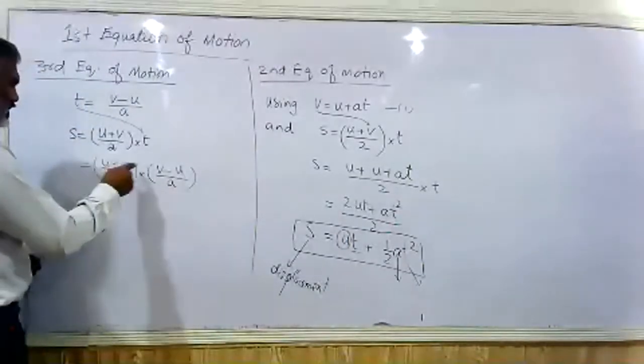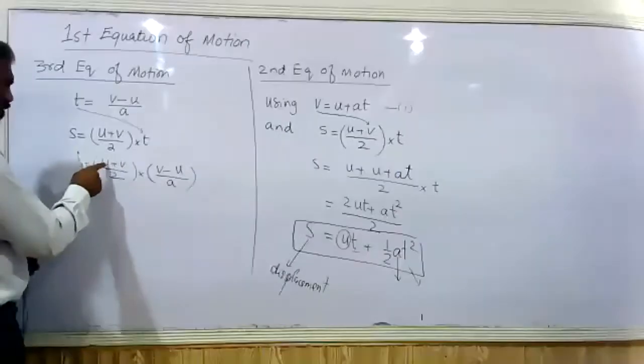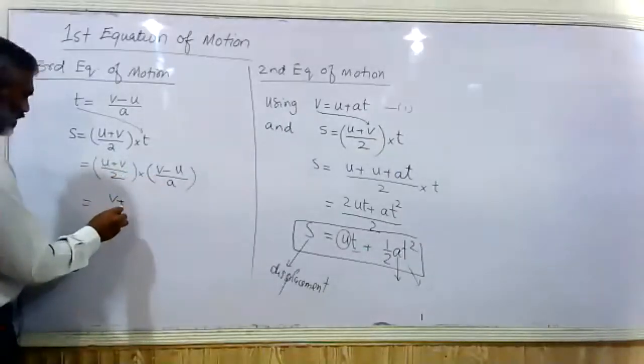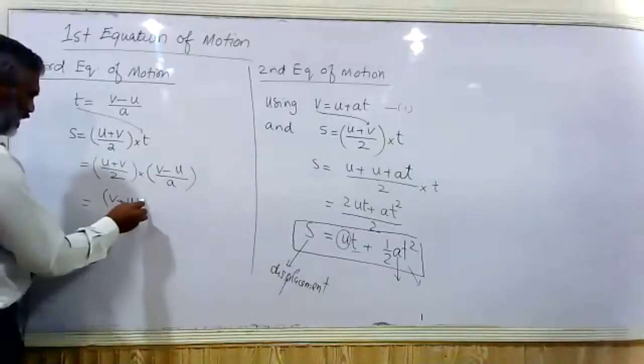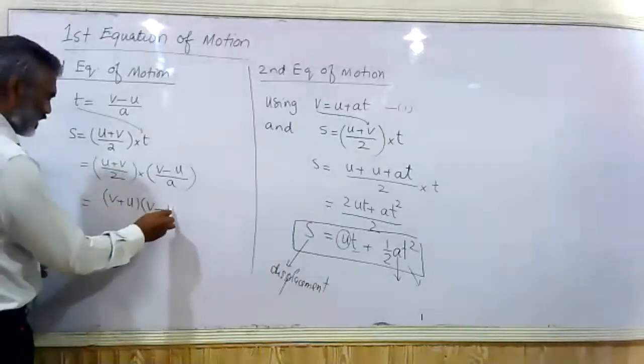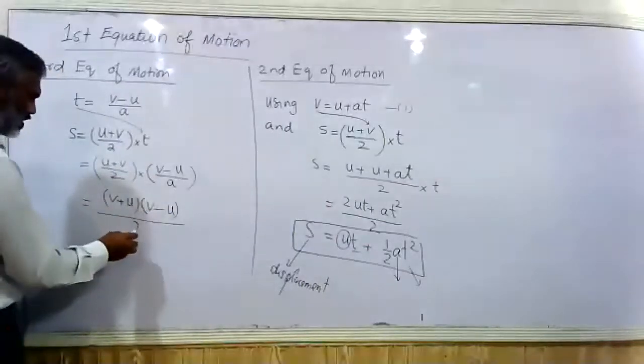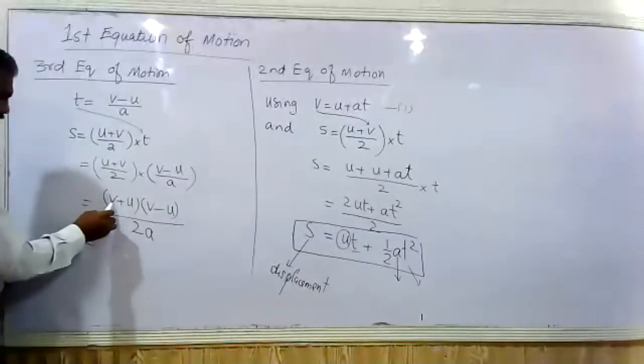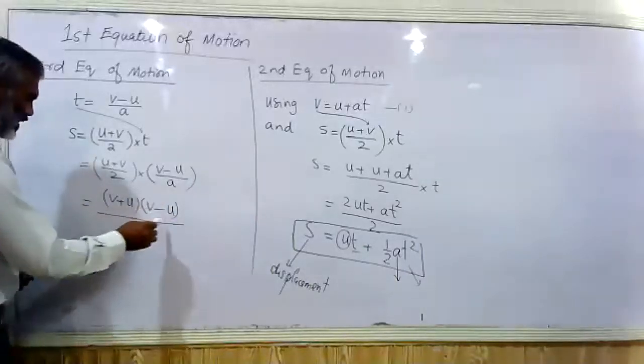These two things, u plus v or v plus u and v minus u, they are actually an identity, a well-known identity in maths. This is 2a because these two multiply. This is v plus u multiplied by v minus u.